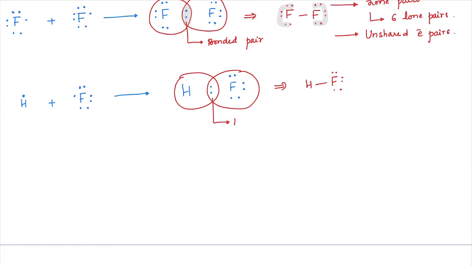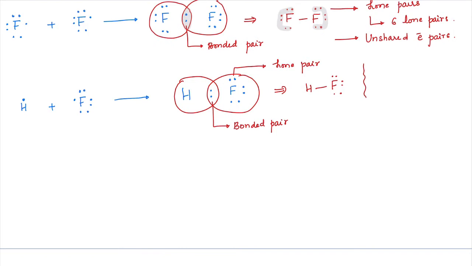So this one is a bonded pair, and there are still 3 lone pairs on fluorine. Right guys? So from now onwards, I will showcase this way that HF has 1 BP as in bonded pair, and 3 lone pairs.